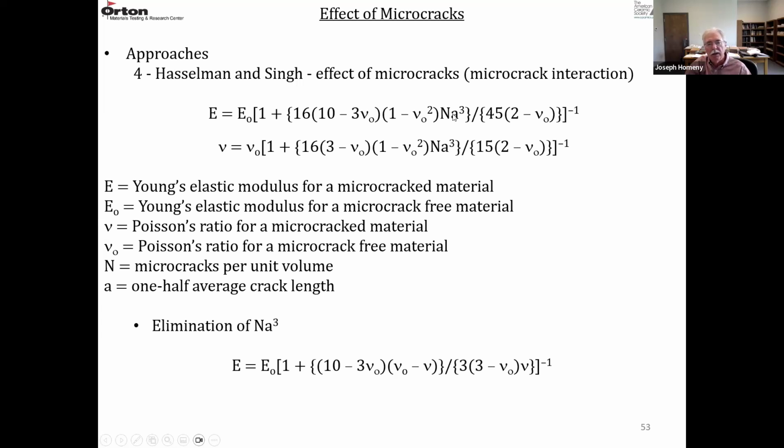And you can eliminate Na cubed and get E in terms of the Poisson's ratios, nu and nu zero. So that's actually 4 approaches for describing the effect of microcracks on Young's modulus and Poisson's ratio.